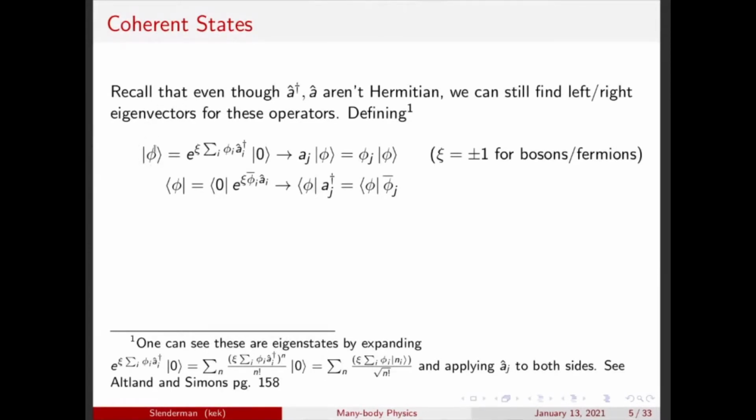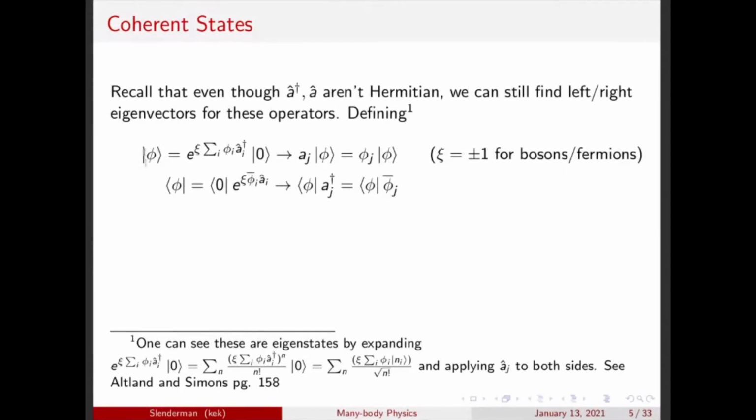It turns out that this state phi with this form, the exponential of some numbers times a set of creation operators acting on the vacuum state, is one such eigenvector for, in this case, the annihilation operator. So with this definition, you have an eigenvalue phi_j. This parameter xi changes sign depending on whether you're working with bosons or fermions.